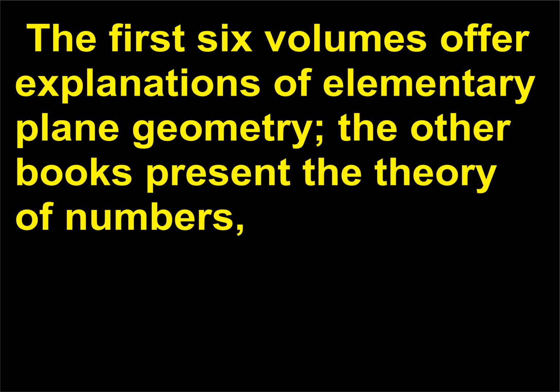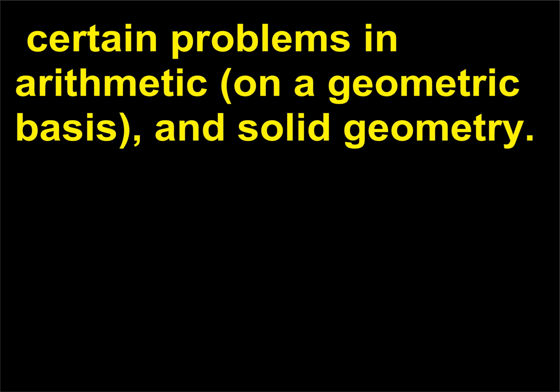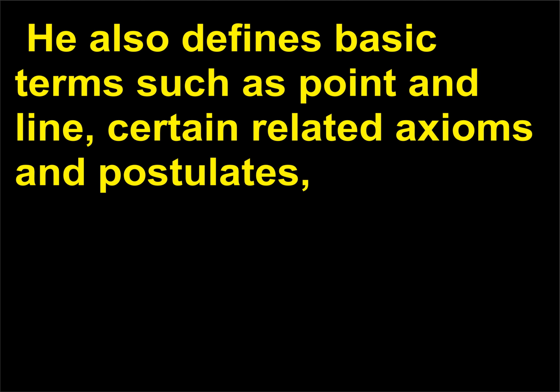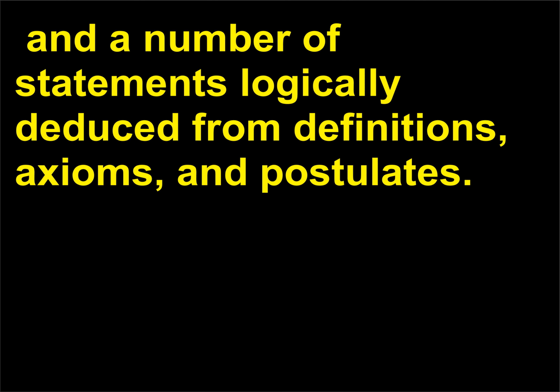The first 6 volumes offer explanations of elementary plane geometry, the other books present the theory of numbers, certain problems in arithmetic, on a geometric basis, and solid geometry. He also defines basic terms such as point and line, certain related axioms and postulates, and a number of statements logically deduced from definitions, axioms, and postulates.